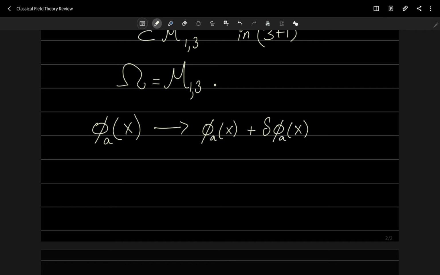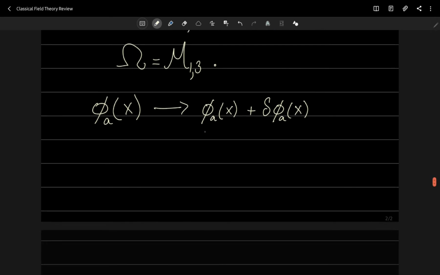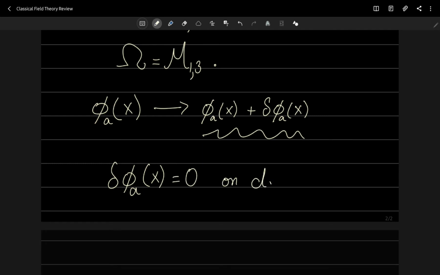Now this thing has to vanish on the space-time region boundary, such that delta phi a of x is equal to 0 on the boundary of omega.